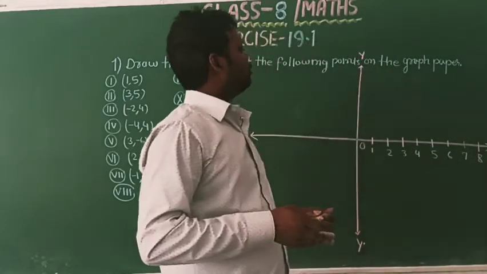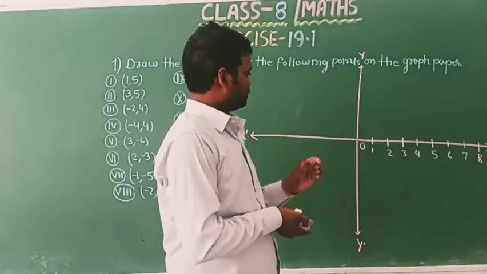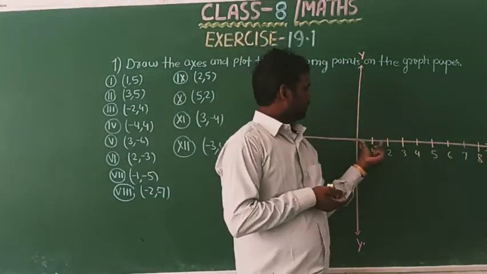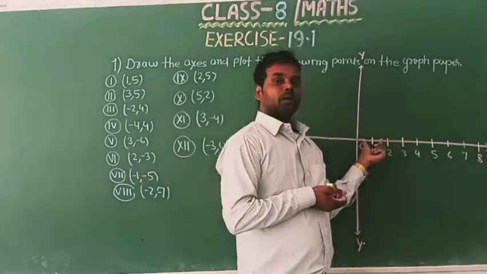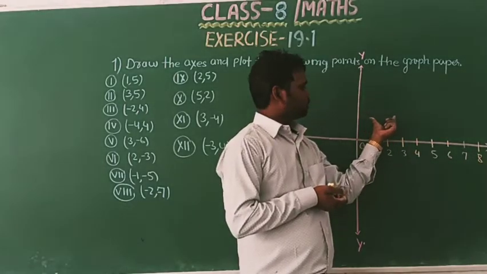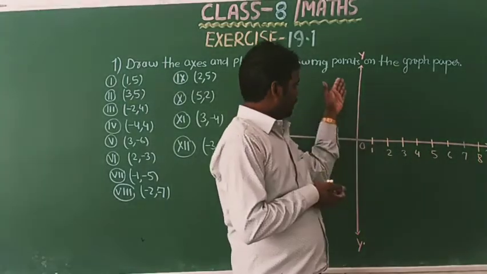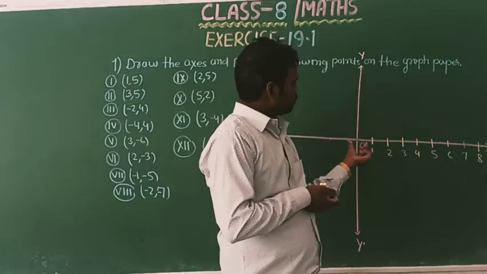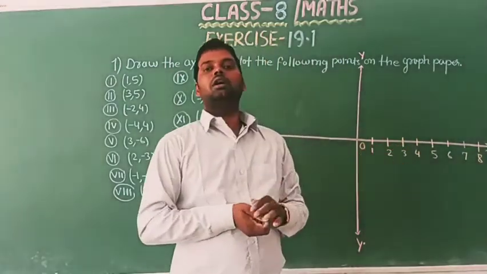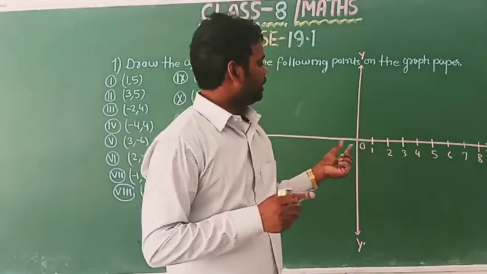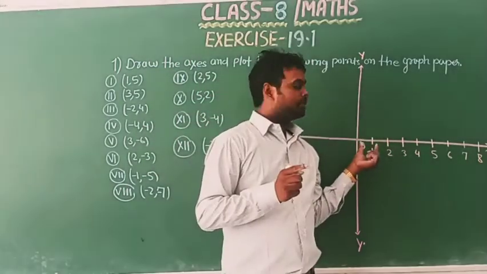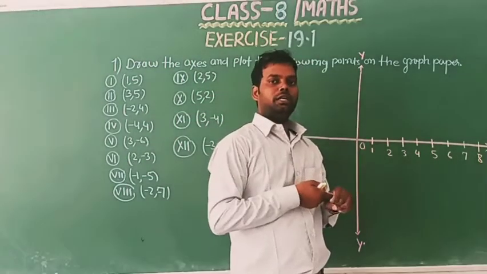Dear children, your graph paper has many squares. Take 10 small divisions, meaning 1 square as 1 unit.